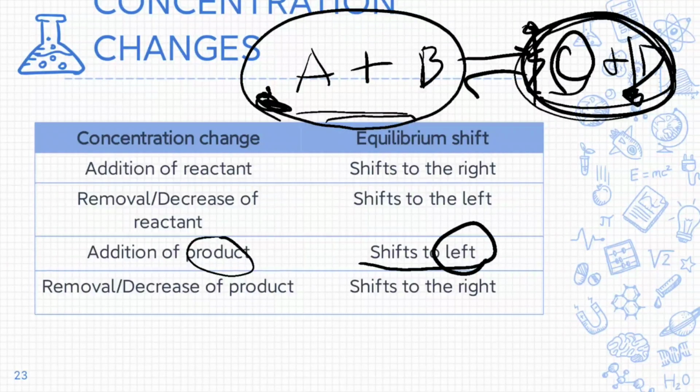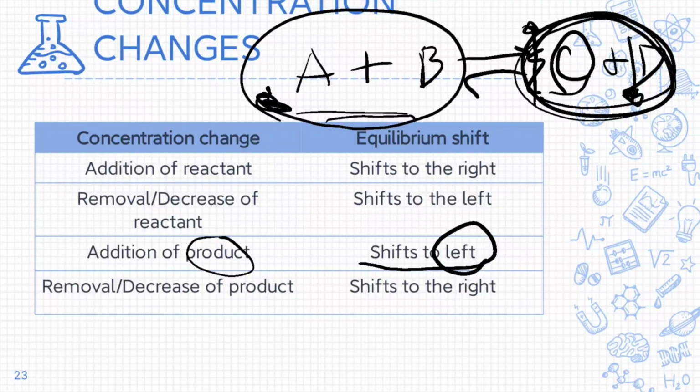Okay, so ganun yung concentration, no? Again, concentration change, reactant, nagdagdag ka, it shifts to the right. Okay, compensate yung kabila. If you remove or decrease the reactant, yung reactant mismo, doon yung equilibrium. So, it shifts to the left.